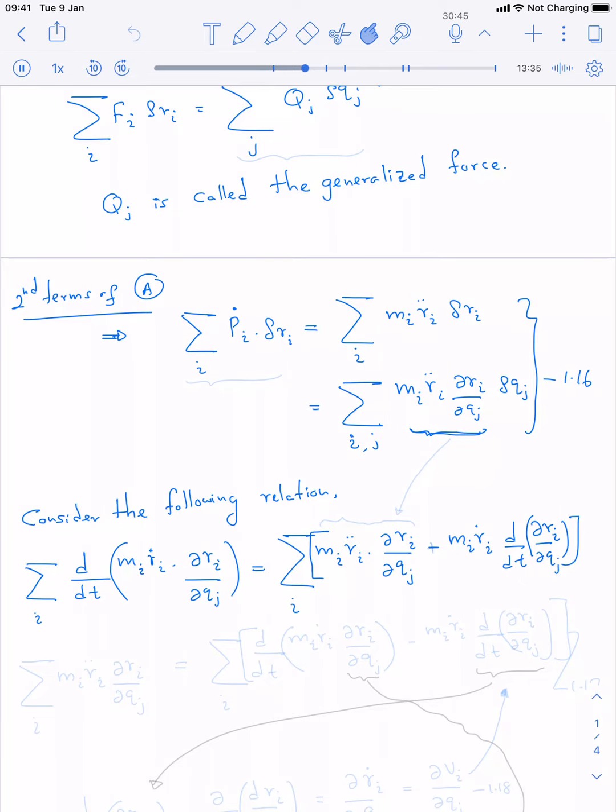Now we have this term right here, so I can solve for that and find an expression which I can substitute into 1.16.